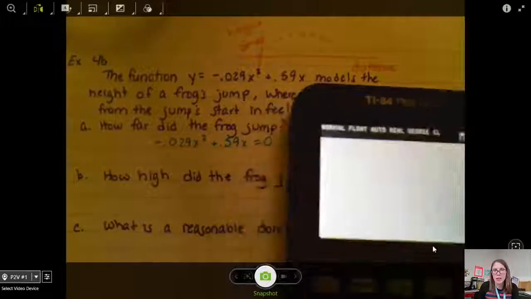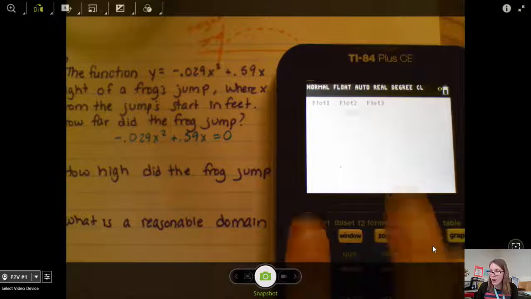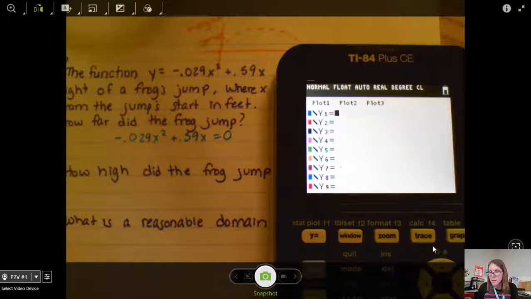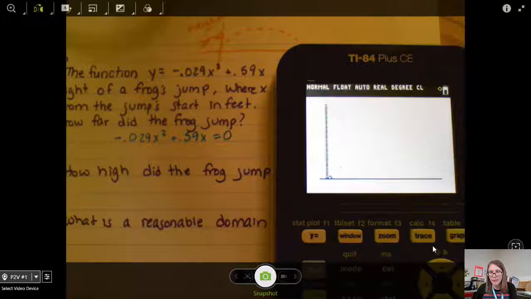So I'm going to put in my function, y equals negative 0.029 x squared plus 0.59 x. We're probably going to have to adjust our window from where we just had it with example 4a, but let's try graphing and see what we have.